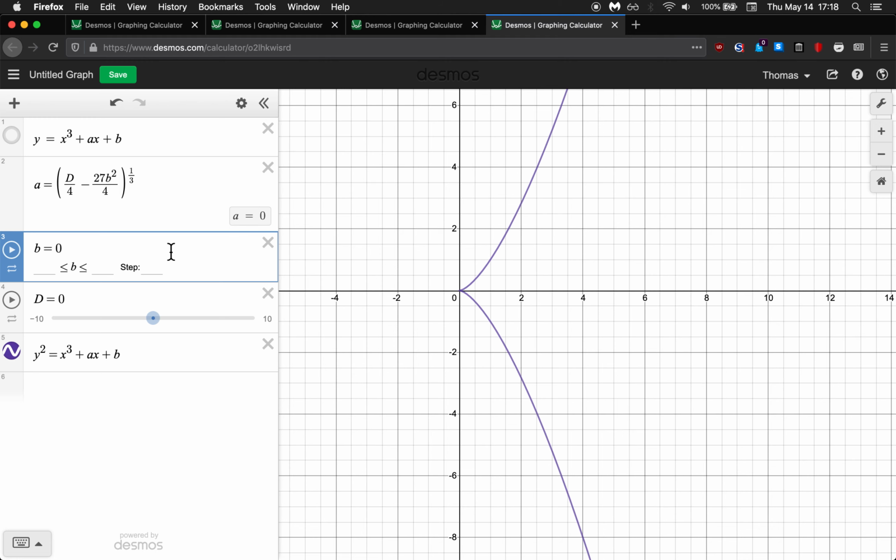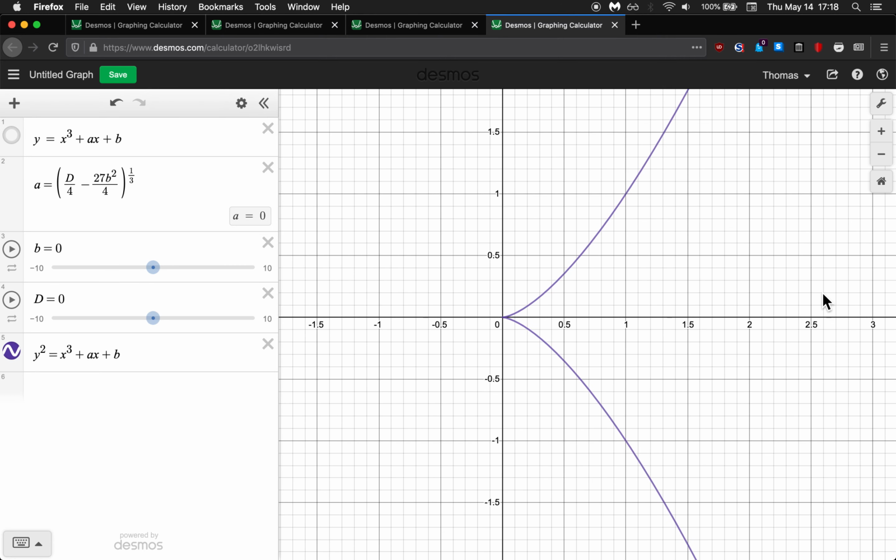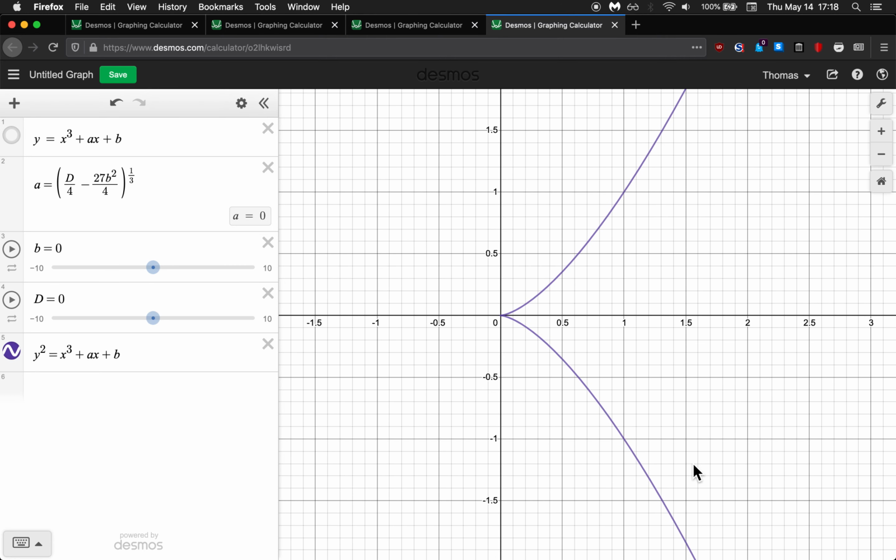My final example is going to be this particular elliptic curve. So here my discriminant is 0, my b is equal to 0. Once again, that's just drawing the curve y squared equals x cubed. And for this graph, and this one alone, I get this point, right? So it looks like I'm about to loop around, but then I don't.